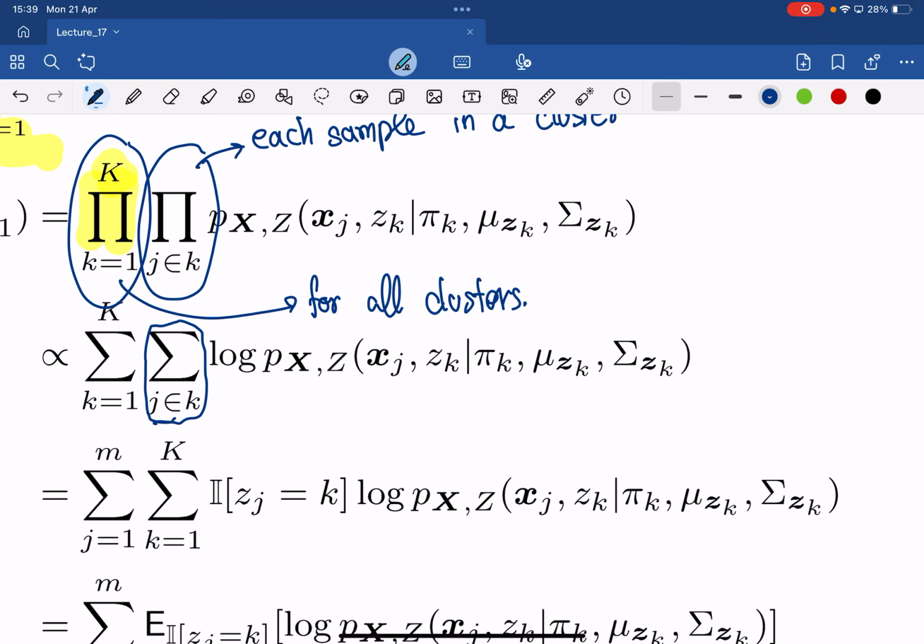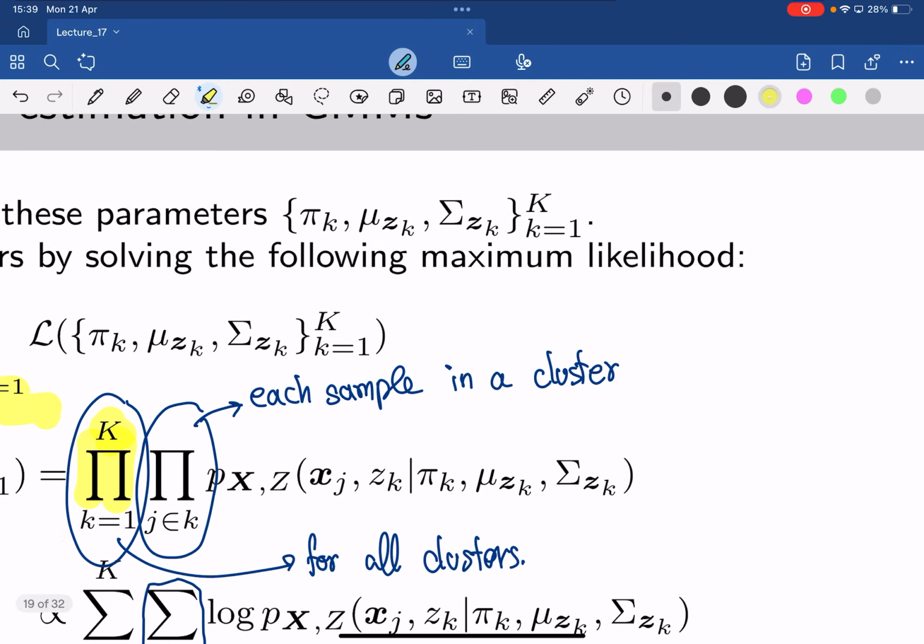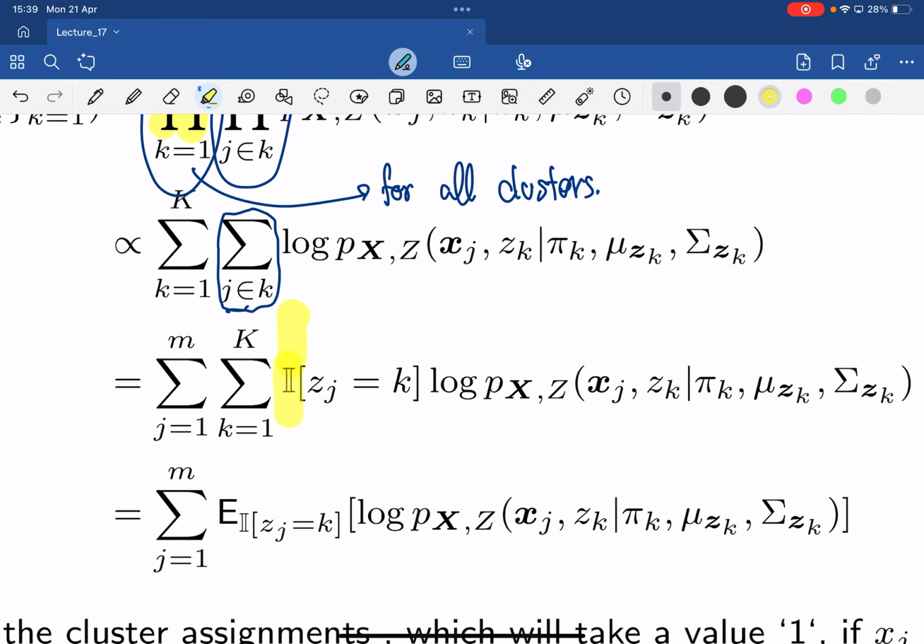That means you have to sort for each cluster and find which samples are in cluster number 1, which samples are in cluster number 2. But you know that these samples can overlap between two clusters. For that, you can use a one-hot vector to identify them. That one-hot vector is this I vector.